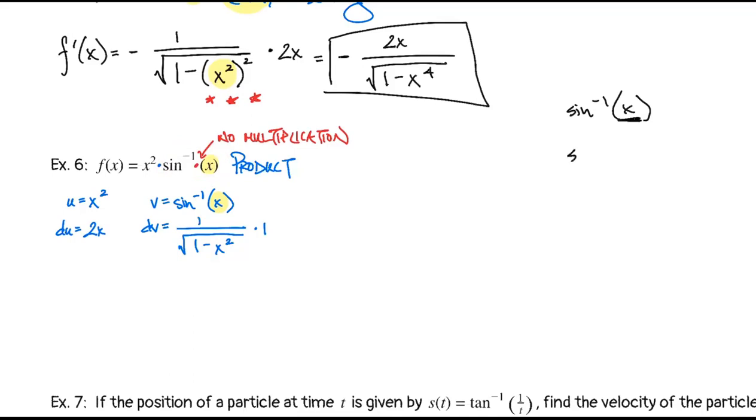Yeah, if we did this, inverse sine of x squared, now we have to do chain rule. Or we could do inverse sine of e to the x, and then we would have to use chain rule. But if we have just a regular x, we do not need to use chain rule.